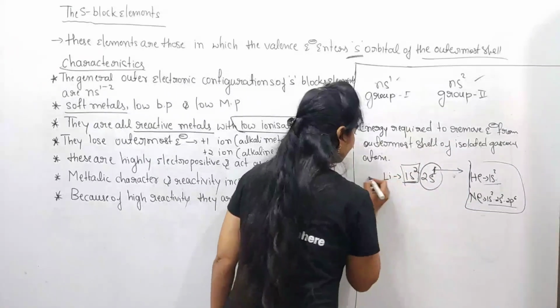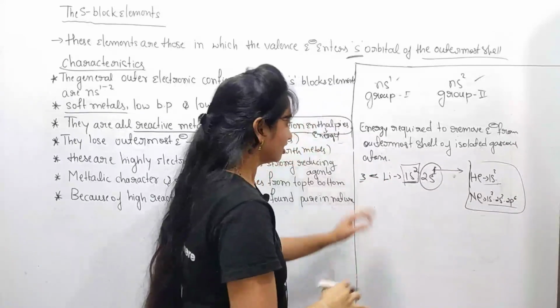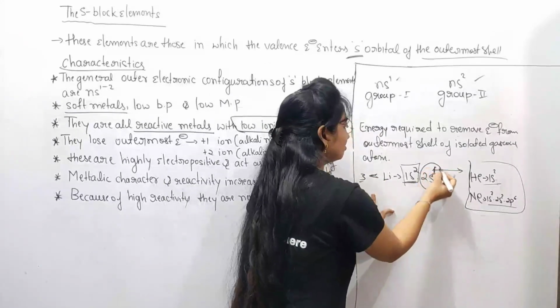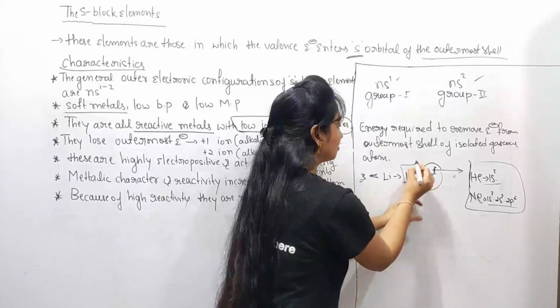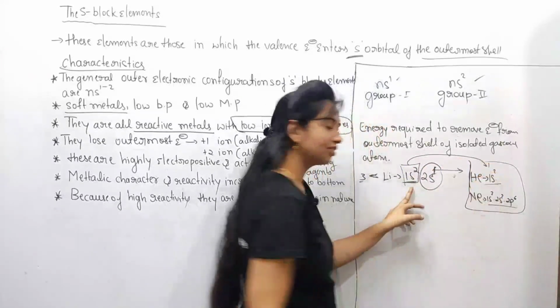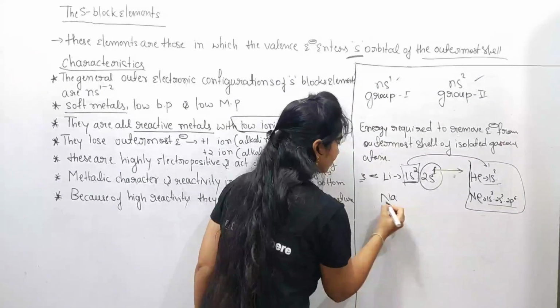Lithium has atomic number 3. When lithium loses one electron, it becomes 1s2, which means it attains the stable configuration. Like consider sodium.